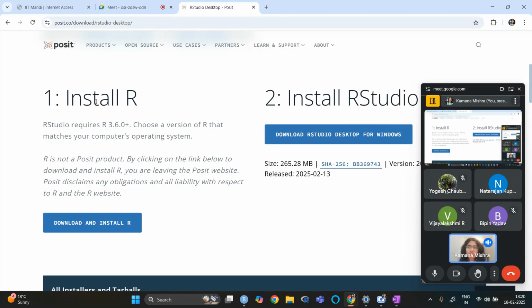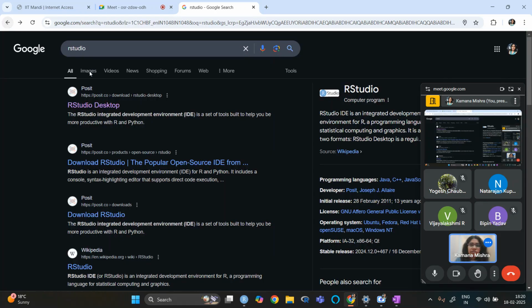For R Studio you need to install R first, so just download and install R and download R Studio. Then you can do your work in R Studio.